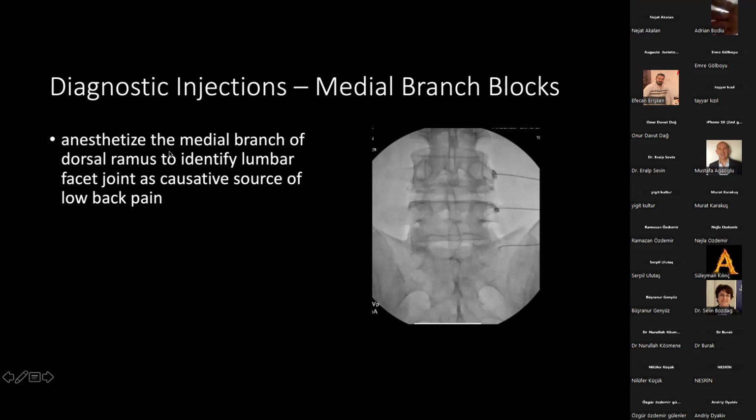All this is really anesthetizing the medial branch of the dorsal ramus, which innervates the joint. It innervates a few other things, but the thought being if you anesthetize the medial branch and they have an immediate resolution of their pain, then that has pretty good face validity as being diagnostic for their facet joints being the cause of their low back pain.